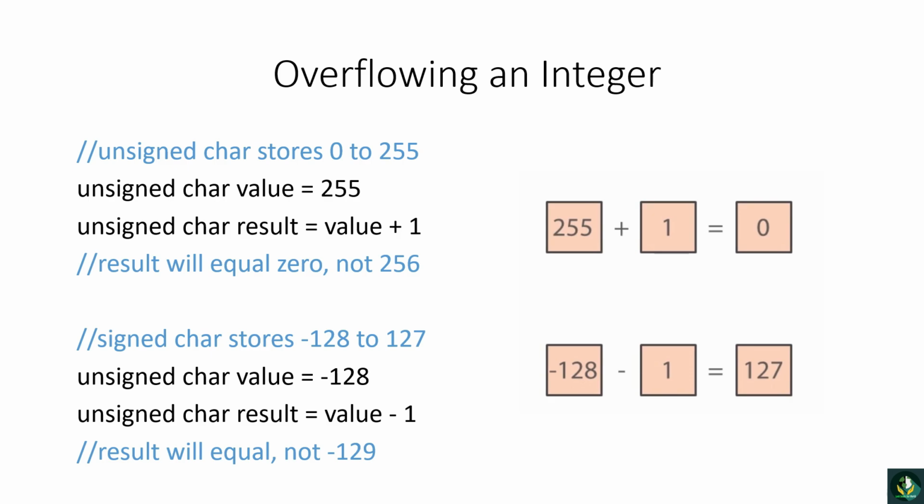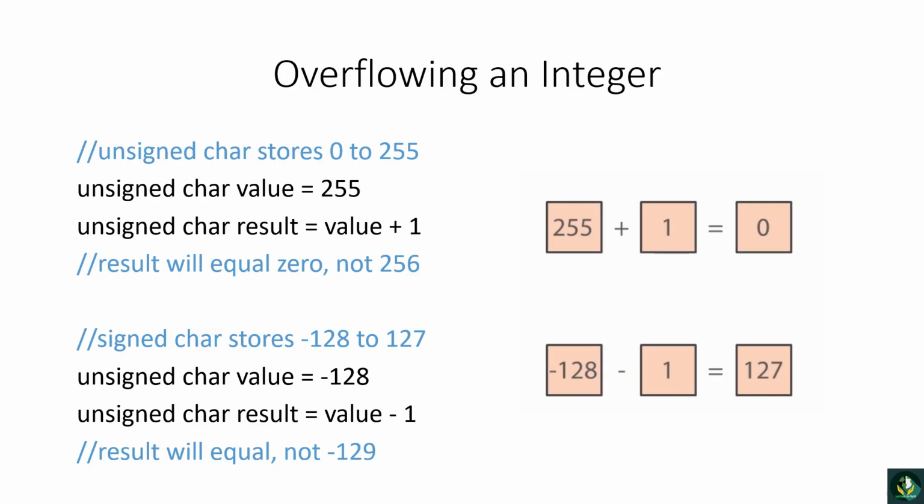Let's take a look at a couple of simple and impractical examples of integer overflow. In C code, an unsigned character variable can store an 8-bit integer value in the range of 0 to 255. So if we declare an unsigned character variable, assign it a value of 255, add 1 to the value, and assign the result to another unsigned character variable, what will be the value of the result?